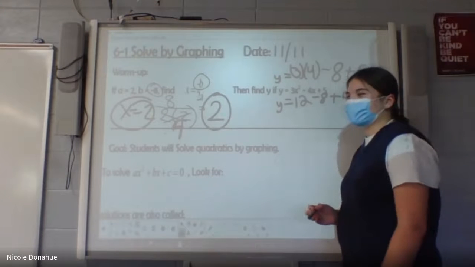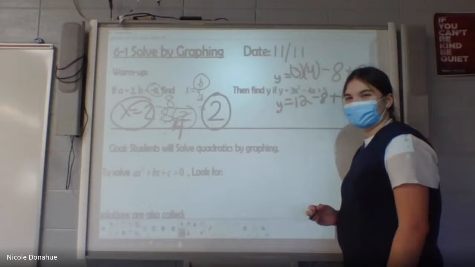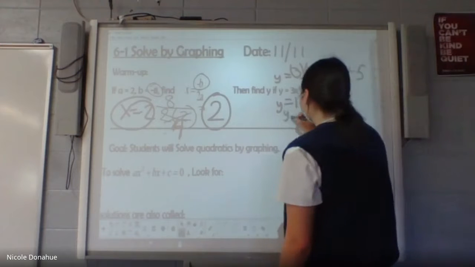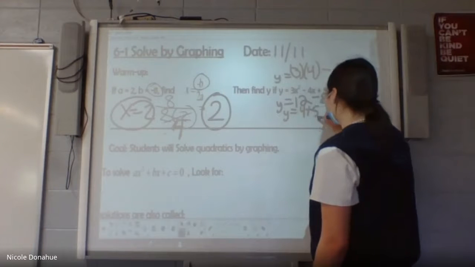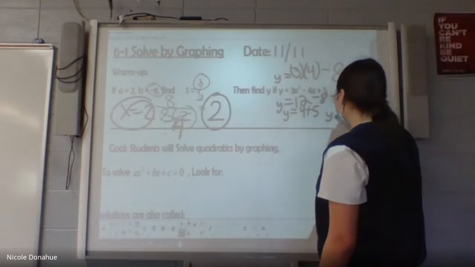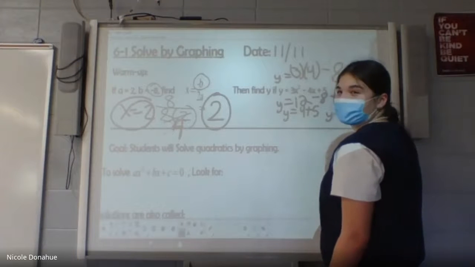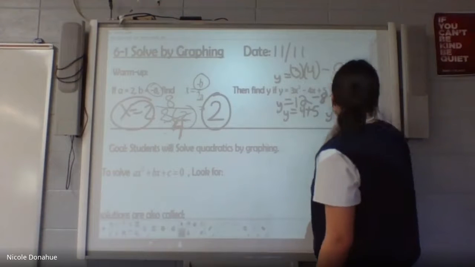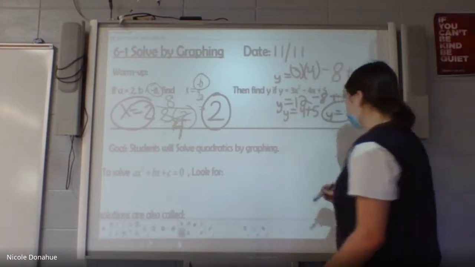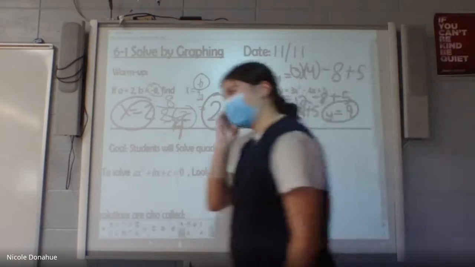What's 12 minus 8? It's 4. So y equals 4 plus 5. Y equals, what does it equal? 9. Yeah, Maddie, you're right. Y equals 9. Good job, Maddie.